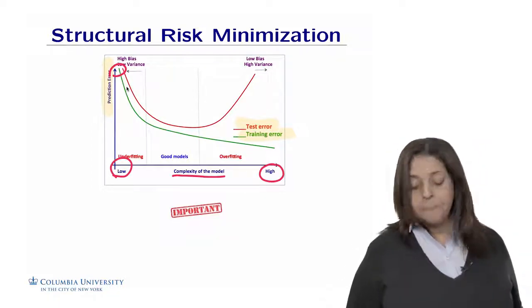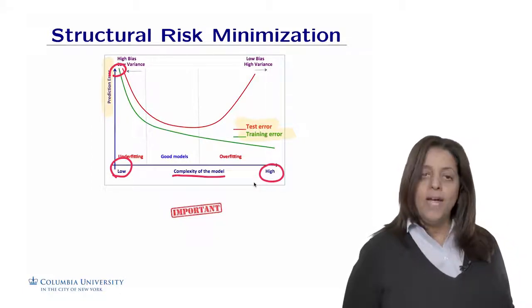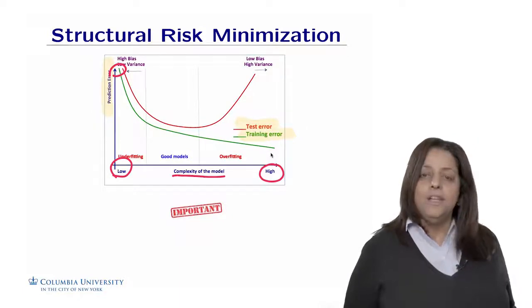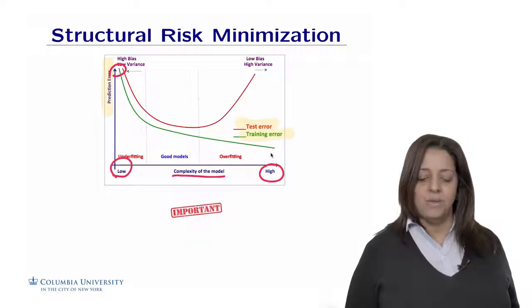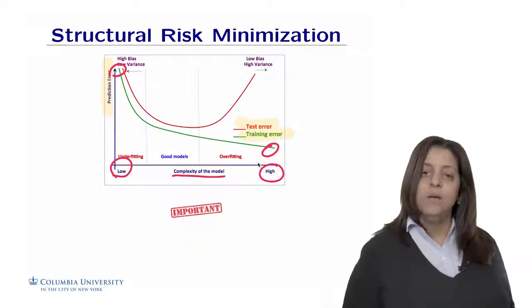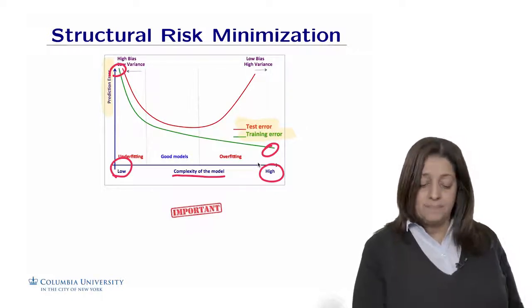For the high complexity models, in the example of trees, our model will be able to match the training set exactly. So we are going to really find a model that overfits, or learns by heart, our training points. So the training error will be quite low because we really learned exactly what was on our training data.